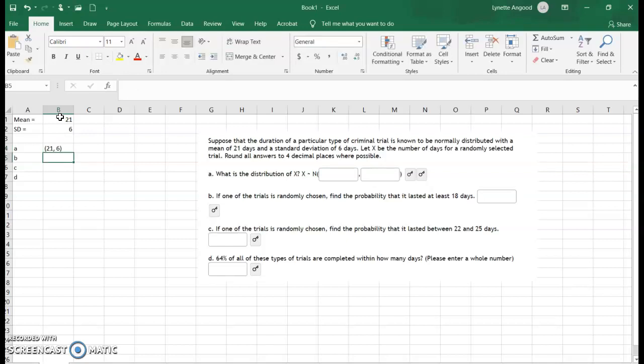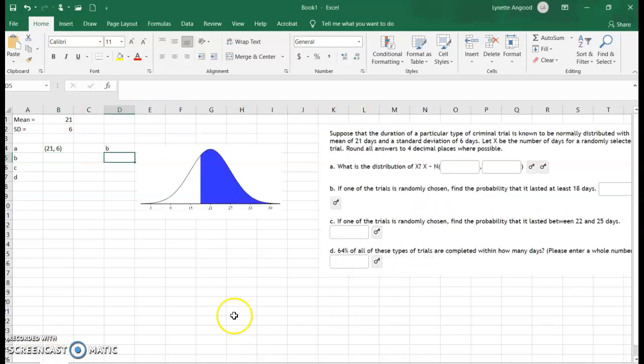But B is asking us to find a probability. And the probability we're being asked to calculate is that it lasted at least 18 days. So I'm a very visual person. So I went and used one of my favorite applets and I drew this normal distribution. I centered it at 21 days and I counted out by 6.